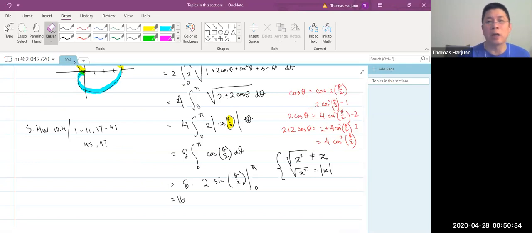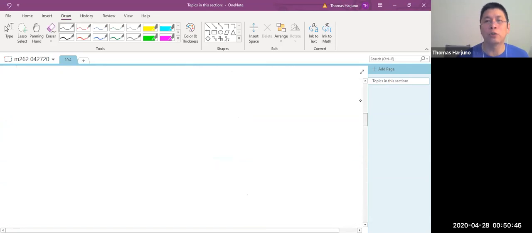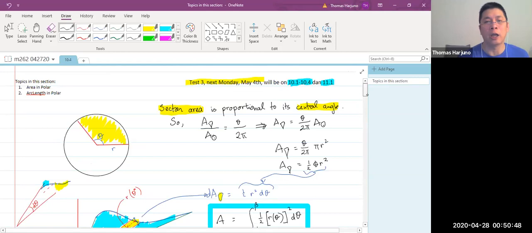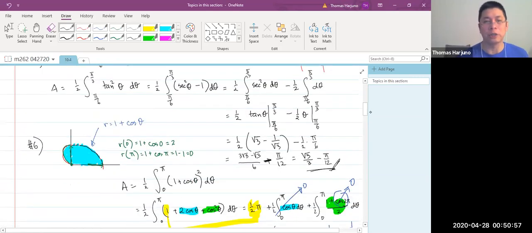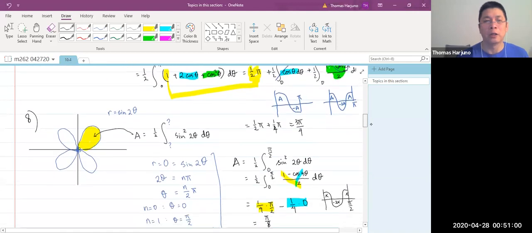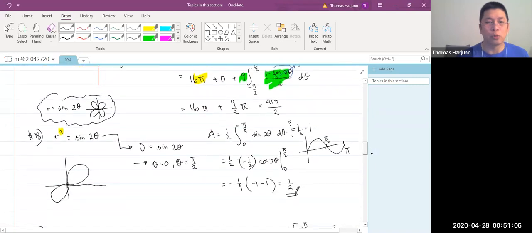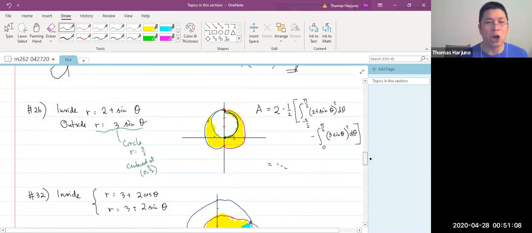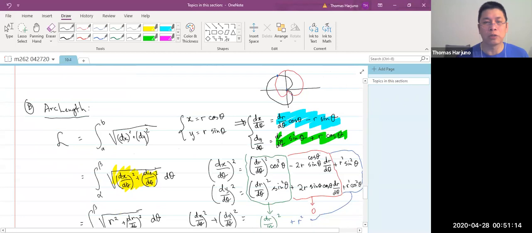Even though it seems like I'm rushing through this 10.4, basically what you need are, first, you need to know how to graph a curve, and how to apply the formula, find the angle for the limits of integration. And when it comes to finding the arc length, you need to know how to simplify the expression inside.